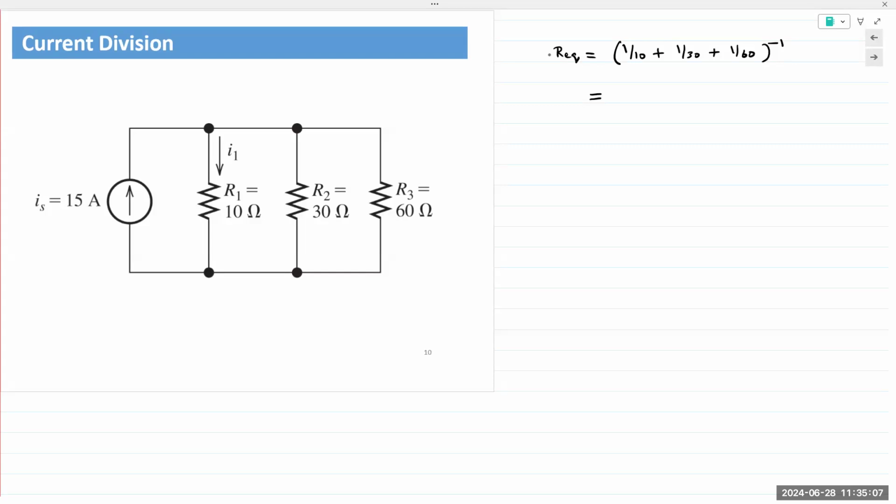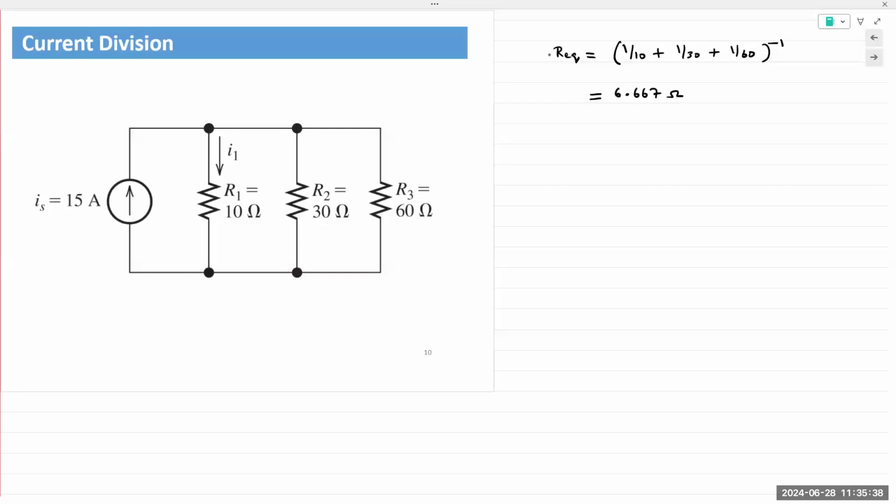That's more like it. 1 over reciprocal, right? 6.67. And 6.67 is smaller than 10 ohms, which is the smallest resistor in that network. So more likely than not, that should be correct. Typically, I like to take at least 3 decimal places. So I would take like 6.667 just to get a more accurate answer.